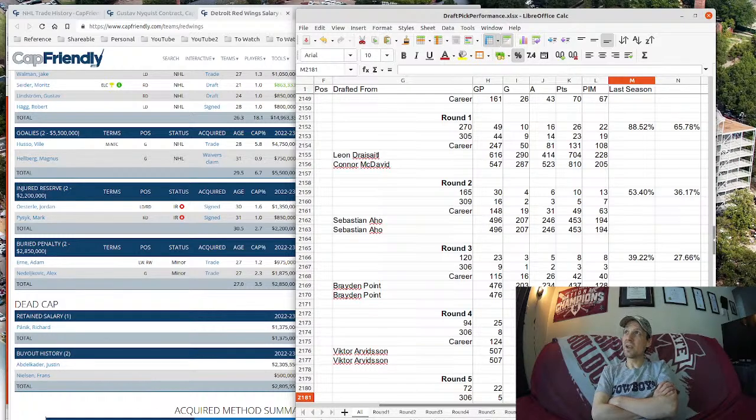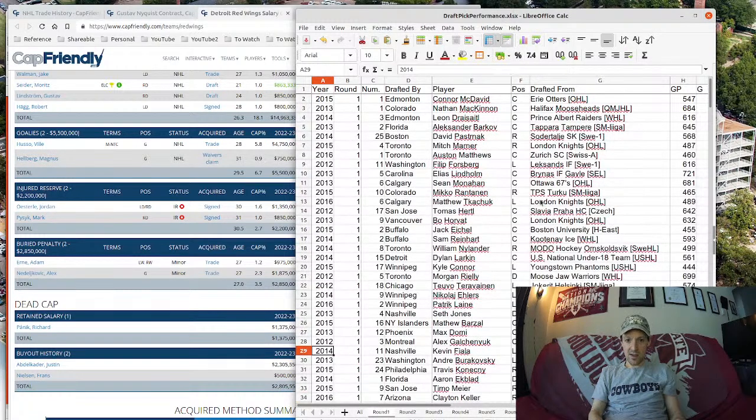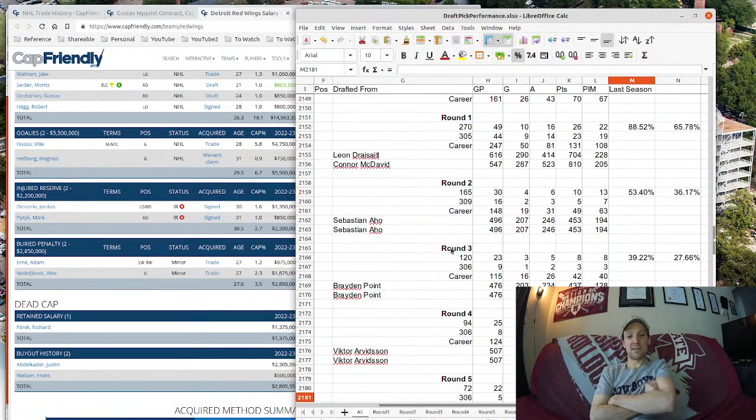Who's the guy that was picked late and turned out good? Pasternak or Teravainen, maybe Hurdle, Barzal, 16th pick. So I'd rather have that lottery ticket to keep. So just never get rid of your first round picks. It just doesn't make sense.